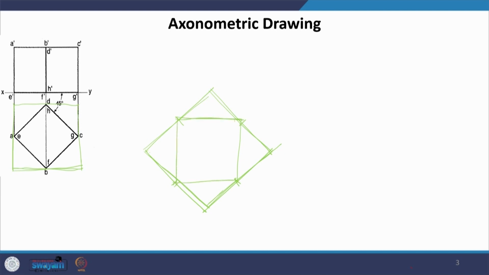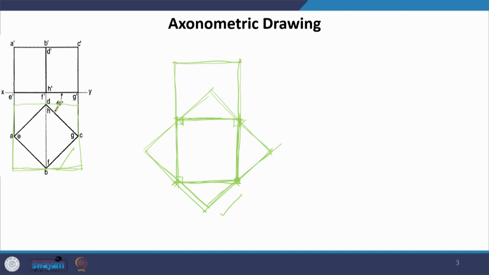Now, you can see here that the angles will remain the same 90 degrees. There is no change in the angle that we were seeing here in this plan versus what we see in axonometric. And now, we can raise the heights. And this is what we will actually be seeing in axonometric if we were to view this inclined at 45 degrees.